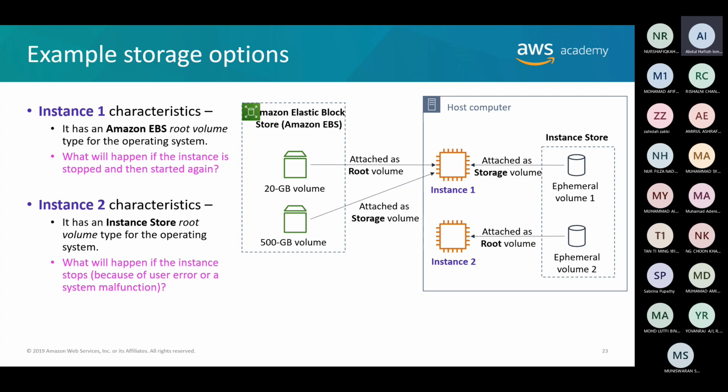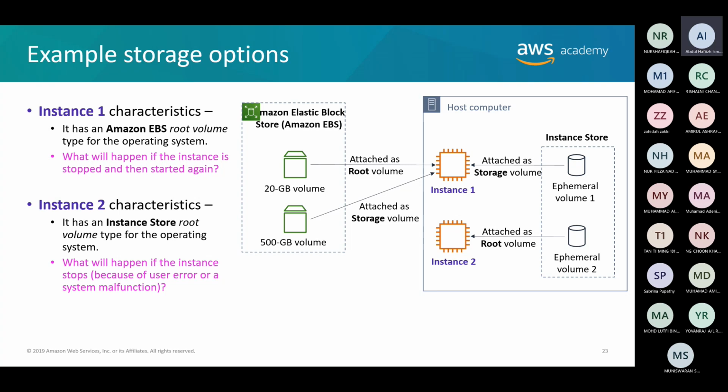Any data that was stored on either the 20 gigabit Amazon EBS volume or the 500 gigabit Amazon EBS volume would remain intact. However, any data that was stored on ephemeral volume 1 would be lost, as it is instance store.